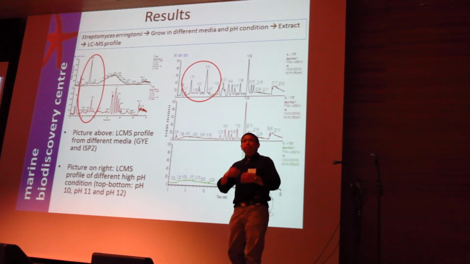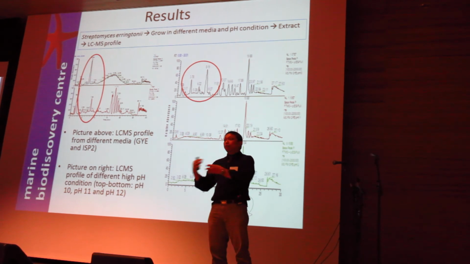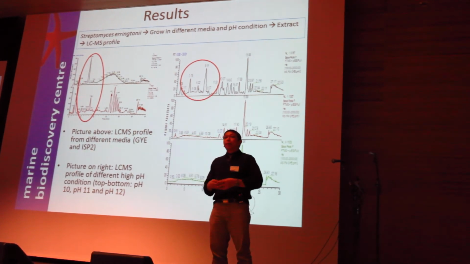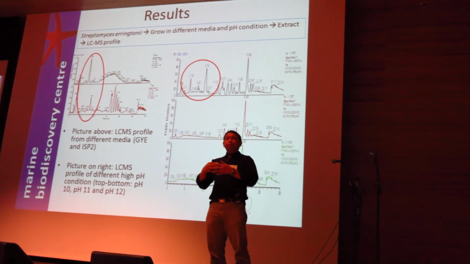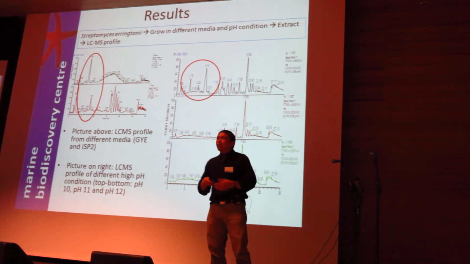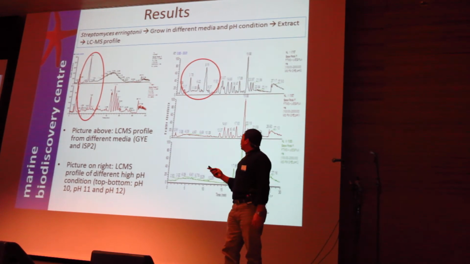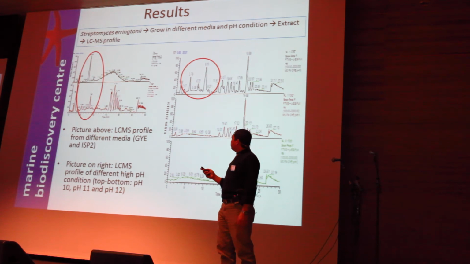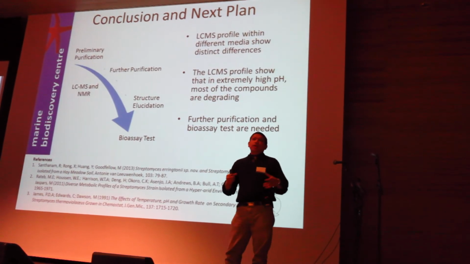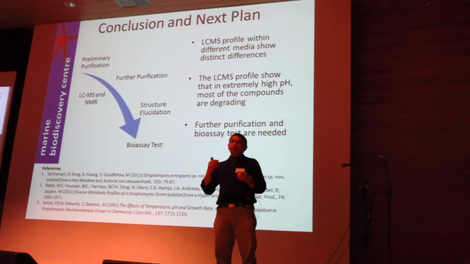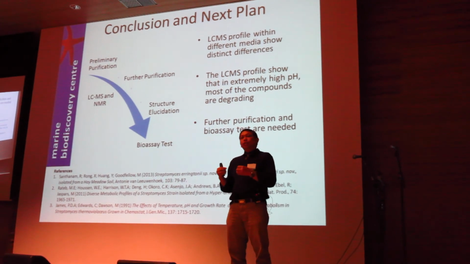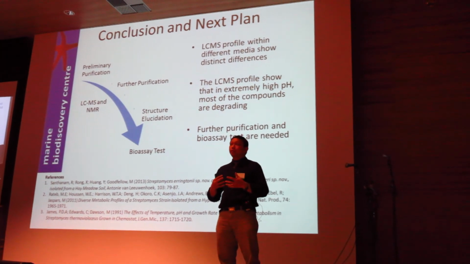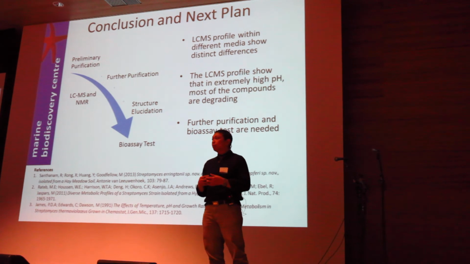It probably can be that the compound is degraded at the higher pH. Because of the different pH and those different media, it results in a very promising OSMAC approach.